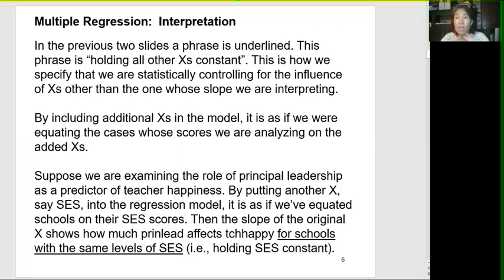Everybody has to have the same SES. And then, based on that same condition, you want to see the effect of principal leadership on the teacher happiness outcome, right? Otherwise, you cannot know whether this different level of teacher happiness is from principal leadership or from SES, you don't know, right? So you have to control one covariate, I mean here SES.